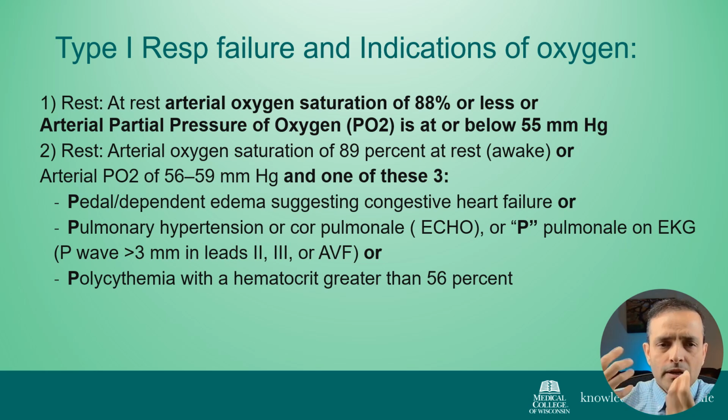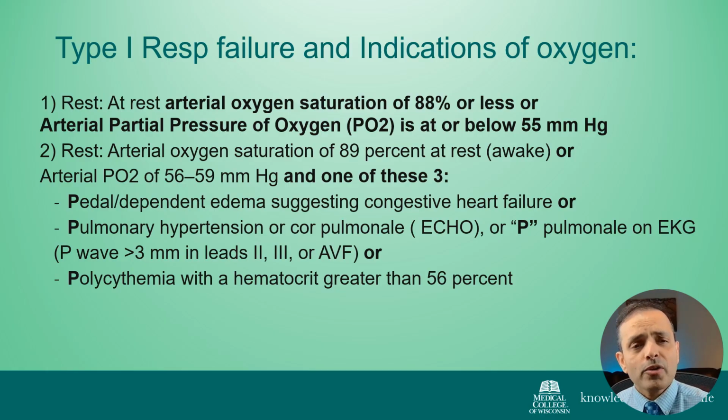If somebody has an oxygen number in ABG less than 55, or a pulse ox less than 88, that is called type 1 respiratory failure. That is hypoxemia. That is the definition. So they qualify for oxygen. Some people are chronically hypoxic.